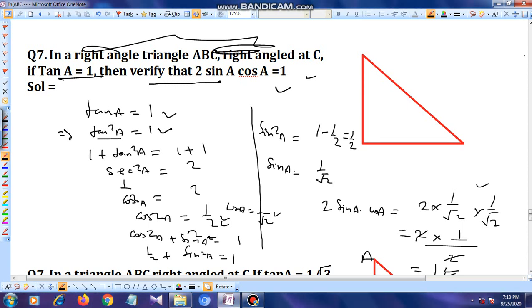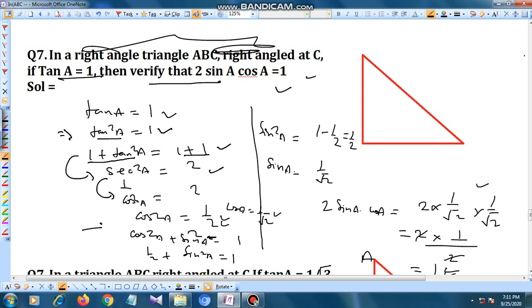Adding 1 on both sides, so 1 plus tan square A equal to 1 plus 1. 1 plus tan square A will become sec square A by using second identity. So sec square A equal to 2. Sec square A is 1 upon cos square A equal to 2. It means cos square A equal to 1 by 2.